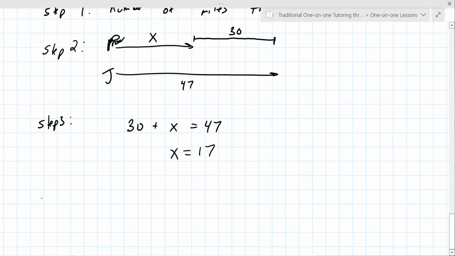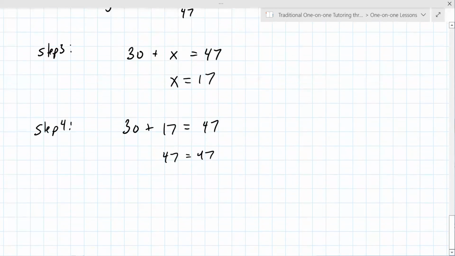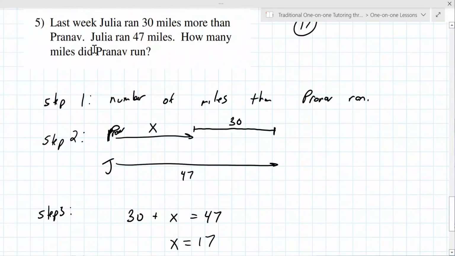What is step 4? Then you check. So you do 30 plus 17 equals 47. And then you write your final answer. Pranav ran 17 miles.